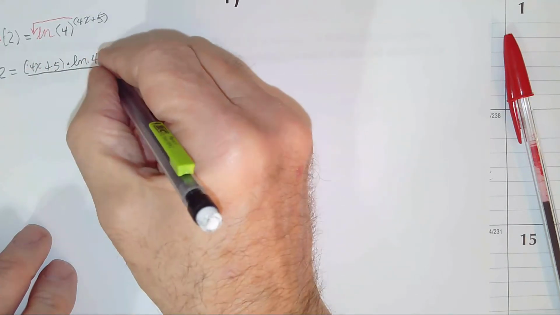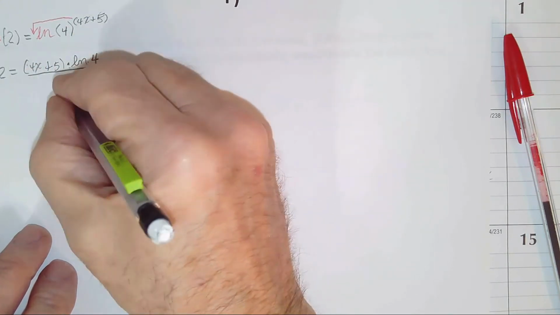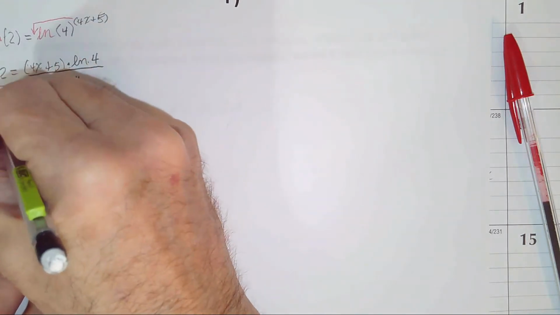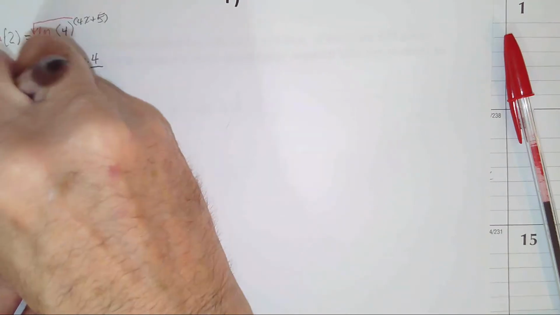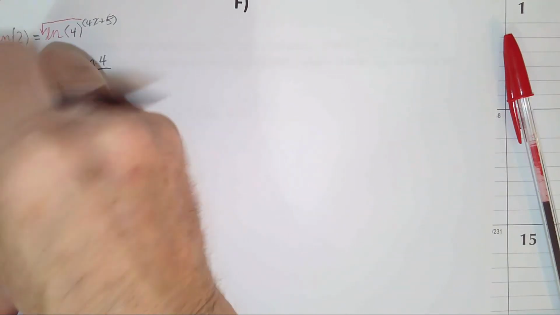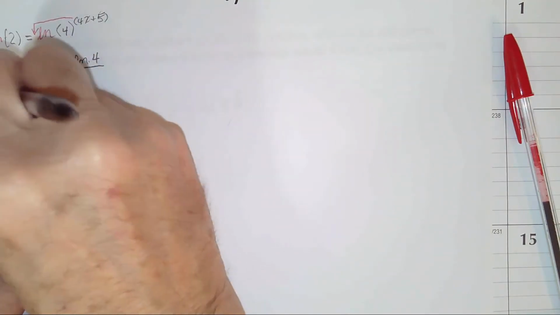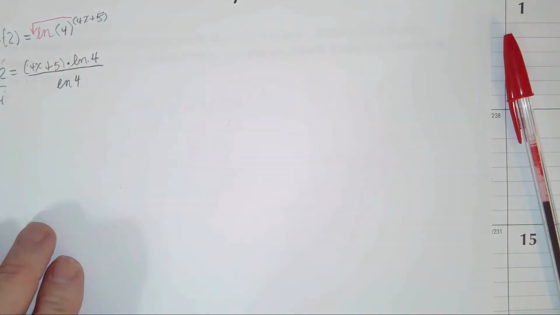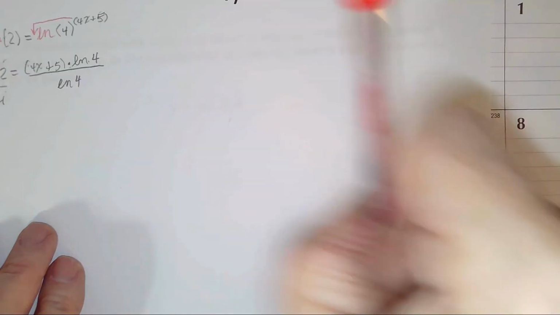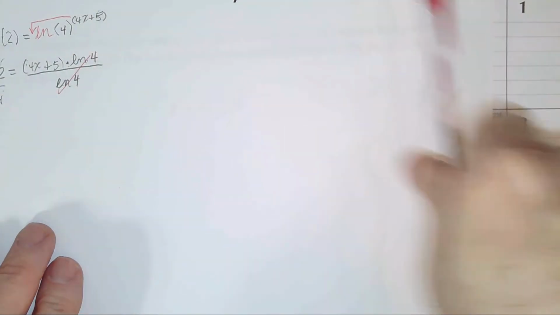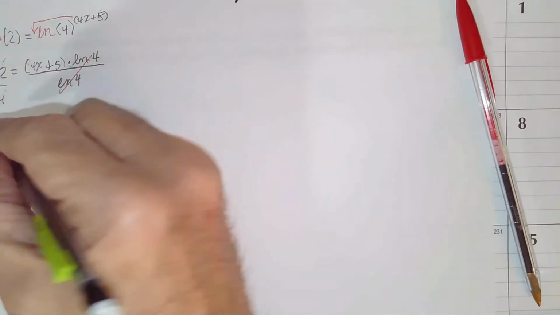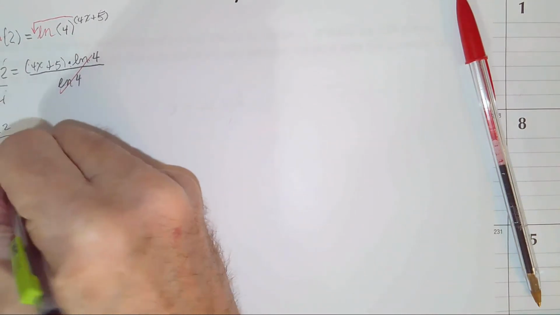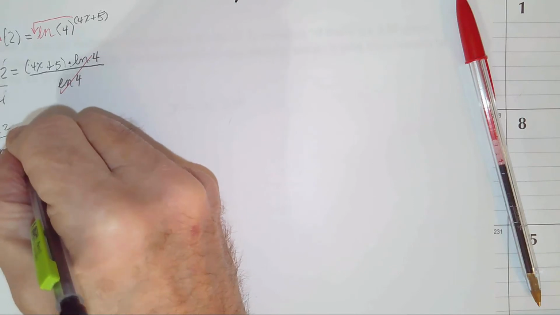I have to get rid of the natural log, so I divide by the natural log of 4 on both sides. Oops. This is why I use lots of erasure. Okay. So by doing that, I can get rid of these, and now I have the natural log 2 divided by the natural log of 4, and that equals 4x plus 5.